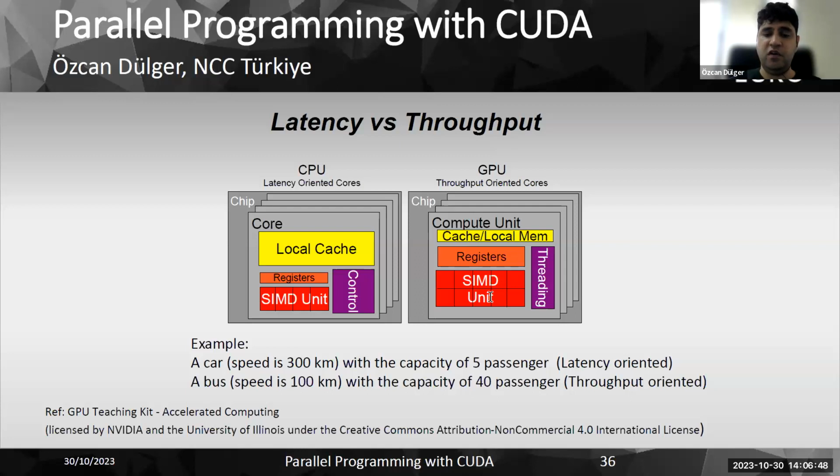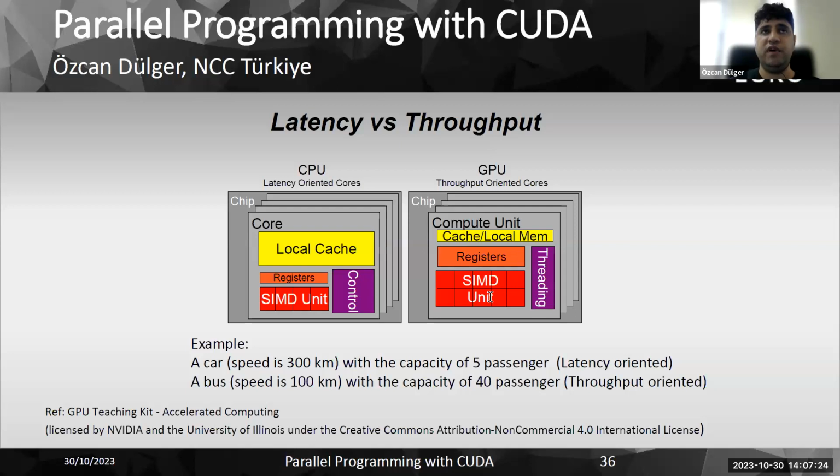If we compare latency-oriented and throughput-oriented, there is a good example here. Let's say we have a car with a capacity of 5 passengers, and the average speed is around 300 kilometers per hour. And we have a bus with a capacity of 40 passengers, and the average speed is 100 kilometers per hour.